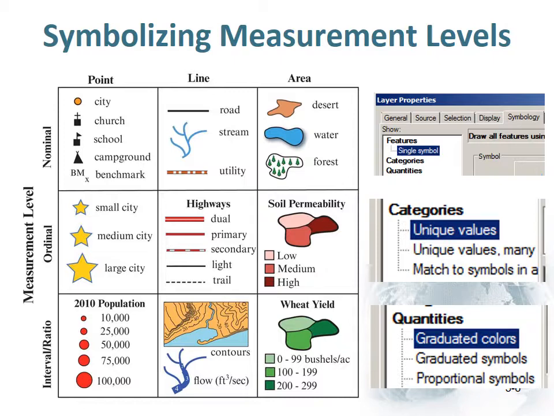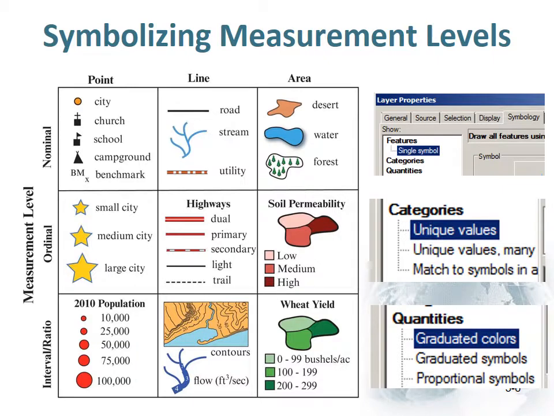So a city, a point, church, a block with a cross, for point symbols, examples, lines for roads, streams, utility networks, polygons describing area, different land cover types, desert, water, and forest. So those are all single symbols for single categories at the nominal level.